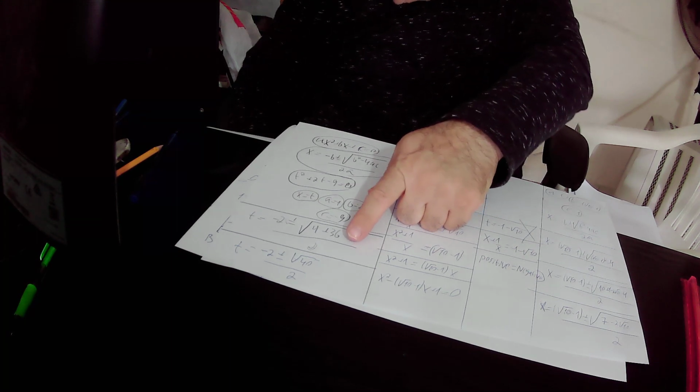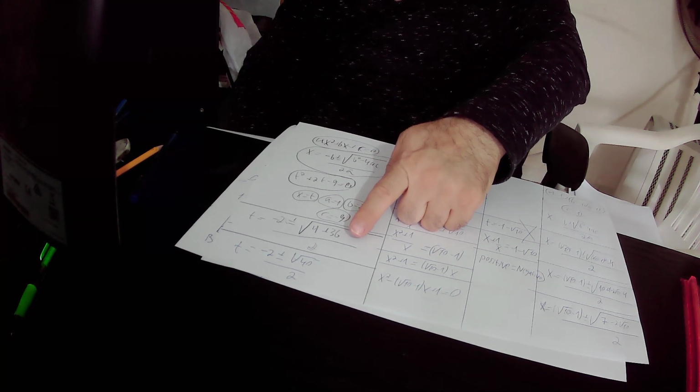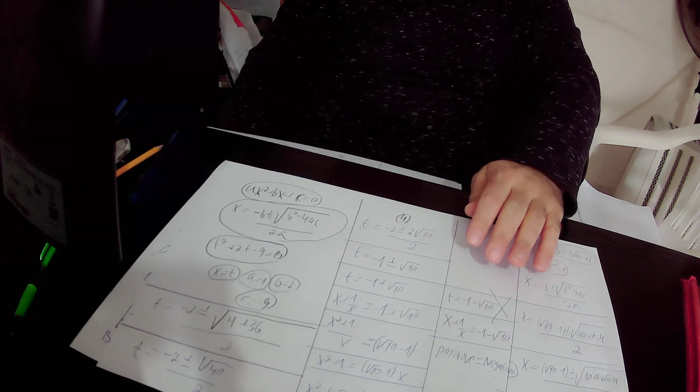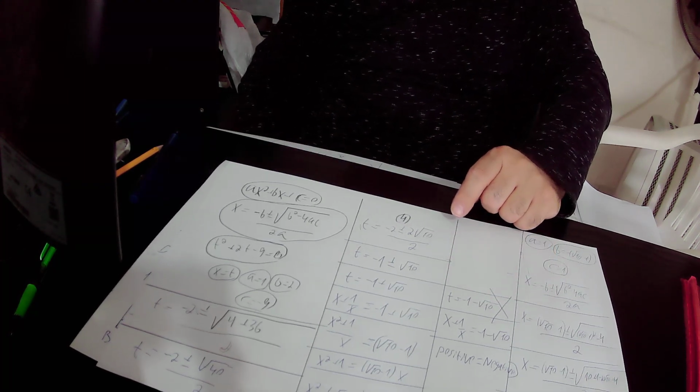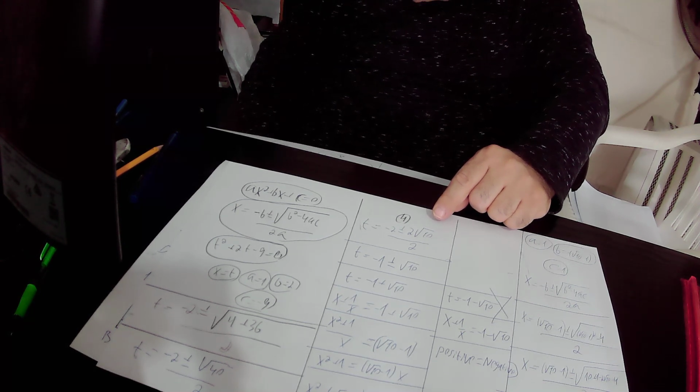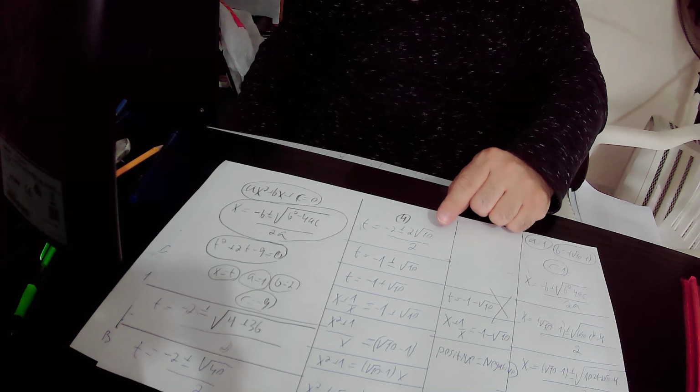So t equals minus 2 plus or minus the square root of 40 over 2. And 40 is 4 times 10. The square root of 4 is 2, so 2 comes out of the root, and inside the root we are left with the square root of 10, that is to say t equals minus 2 plus or minus 2 times the square root of 10, over 2.